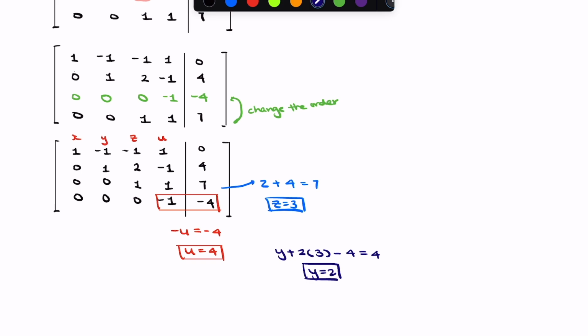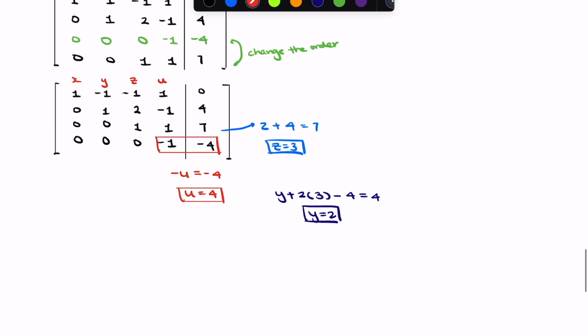And then finally, the last equation we have here is, again, x minus y, which would be minus 2, minus z, which is minus 3, then plus u, 4, is equal to 0.